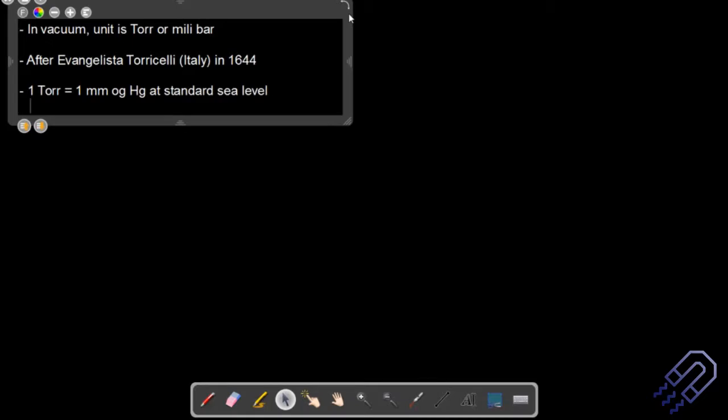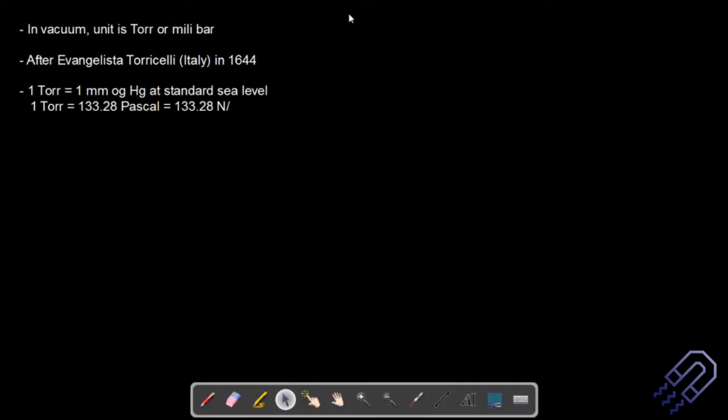And maybe I can write one more: 1 torr is equal to 133.28 Newton per meter square. Since we are talking about vacuum, we need to know all these conversions. That's very important.